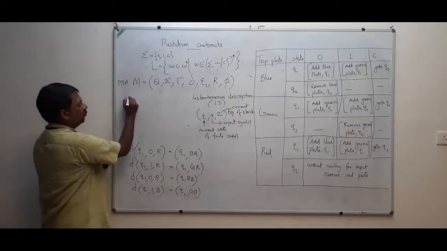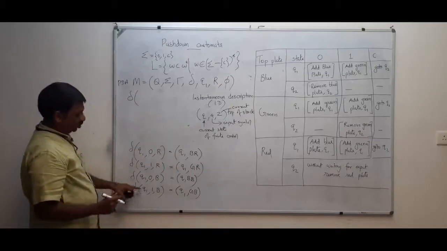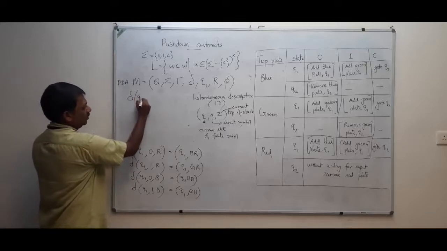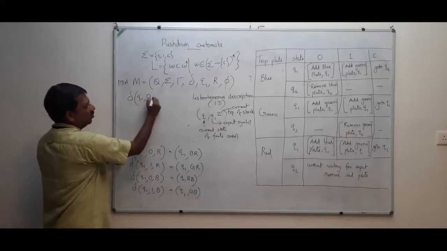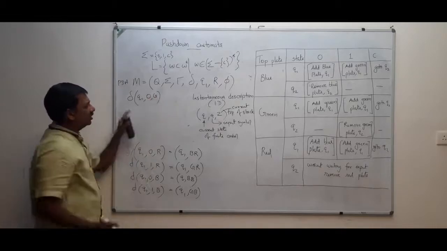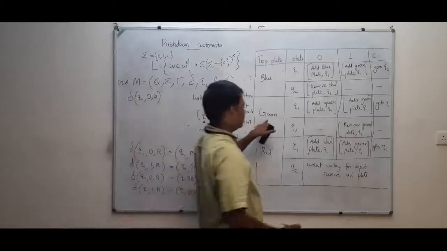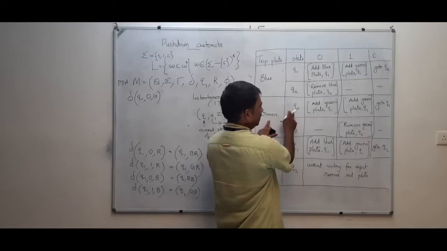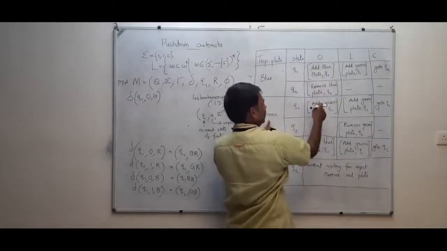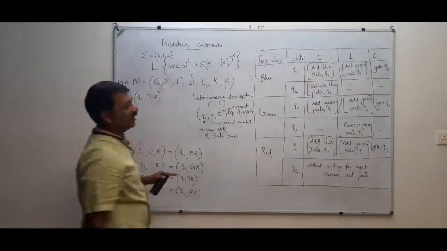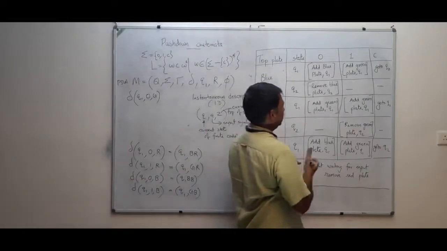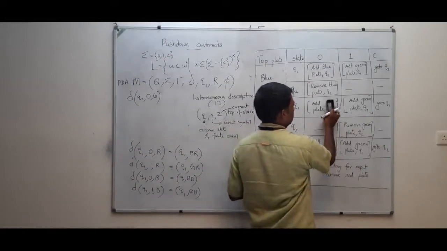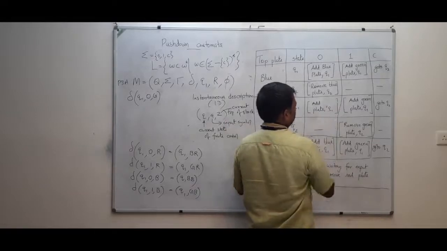Now suppose delta of Q1, 0 and green. That means the current top is green, the current state is Q1 and you are adding a 0. What will happen? This is not a green plate actually, this is a blue plate.